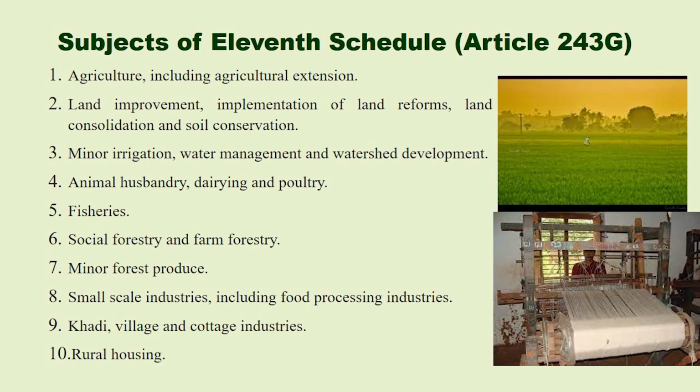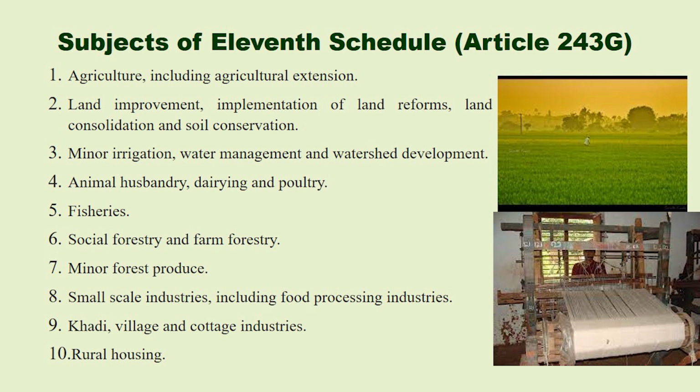Number 1, agriculture, including agriculture extension activities. Land improvement, which also includes the implementation of land reforms, land consolidation and soil conservation, followed by minor irrigation, water management and watershed development, etc. And also animal husbandry, dairying and poultry, fisheries, social forestry and farm forestry, minor forest produce, small scale industries including food processing industry.